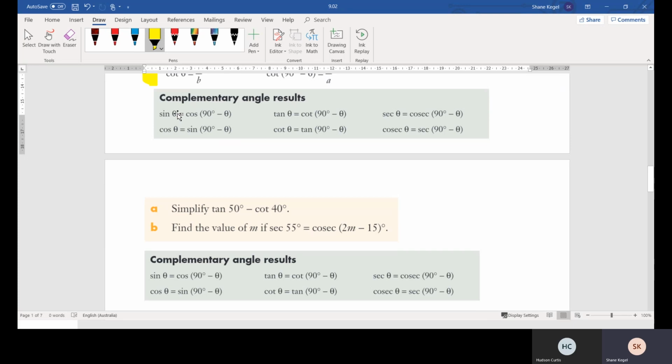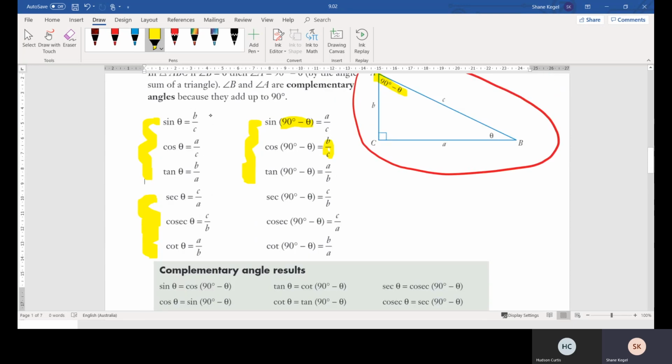So sine theta is the same as cos 90 minus theta. Sine theta was B over C, cos 90 minus theta is B over C. Tan here is the same as cot 90 minus theta, so tan's fraction B over A is the same as cot's fraction here, B over A, of 90 minus theta.